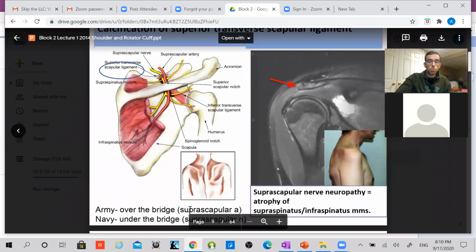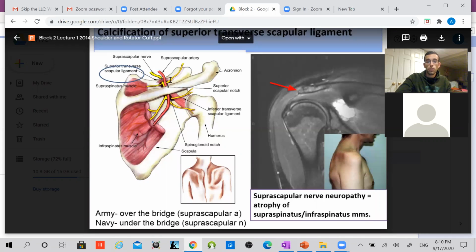So this is the suprascapular artery, excuse me, and then the Navy is under the bridge, the suprascapular nerve. So this is intended to identify what is getting compressed by the calcification. If there's calcification in this area, it's going to automatically hit the nerve.